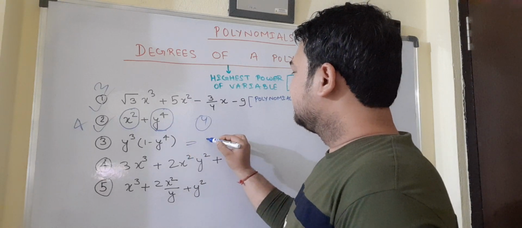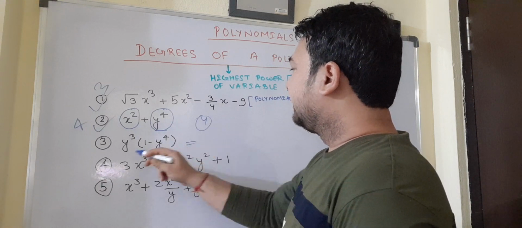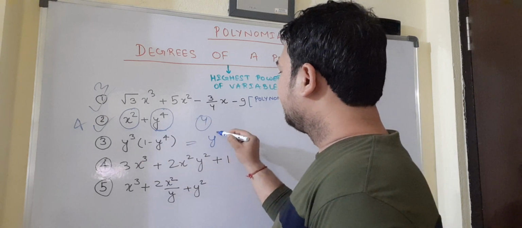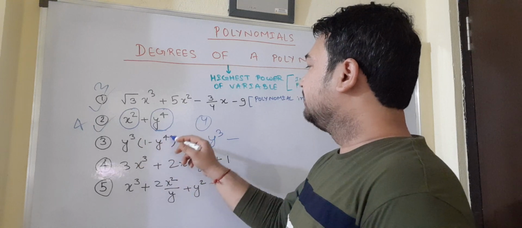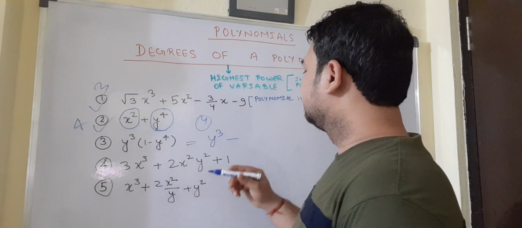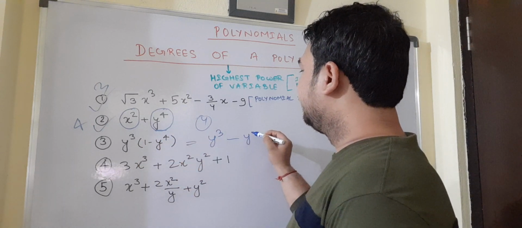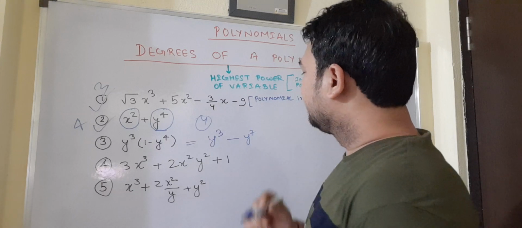So if you break this and apply distributive law, it will be y cube into 1, that is y cube, and minus y cube into y4, that is y to the power 3 plus 4, 7.